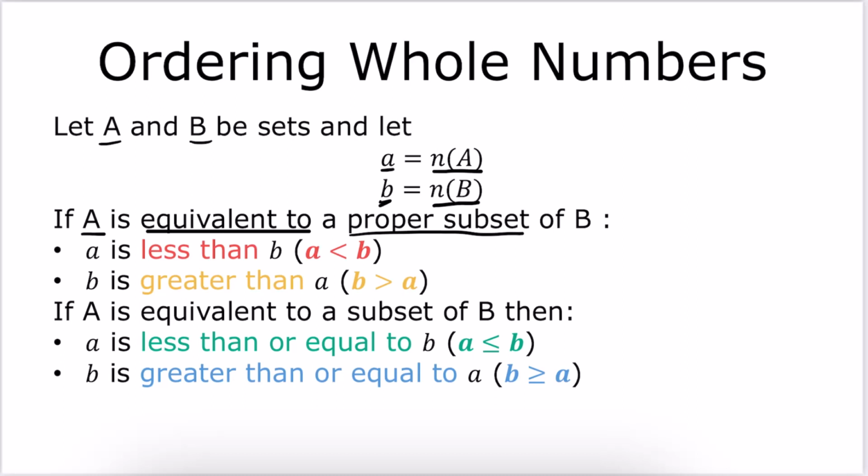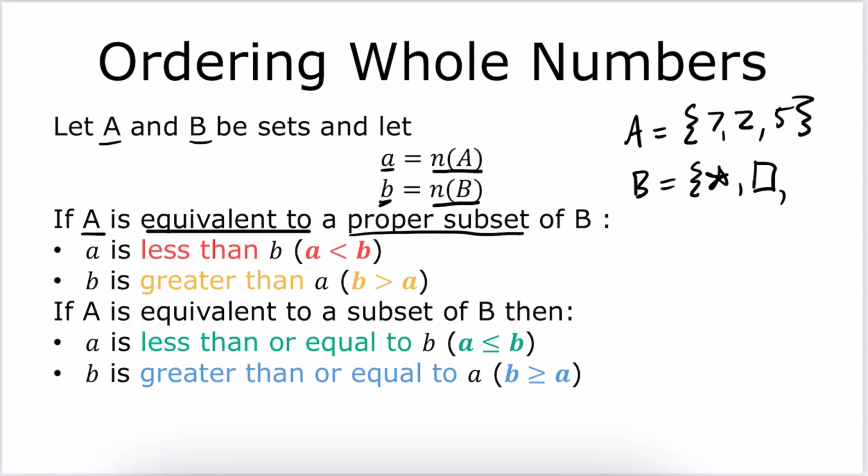So let's look at a set that might represent this. Let's say that big A equals the set, I don't know, let's say 7, 2, 5 or something like that. And then set B equals the set star, square, circle, triangle, or something like that.